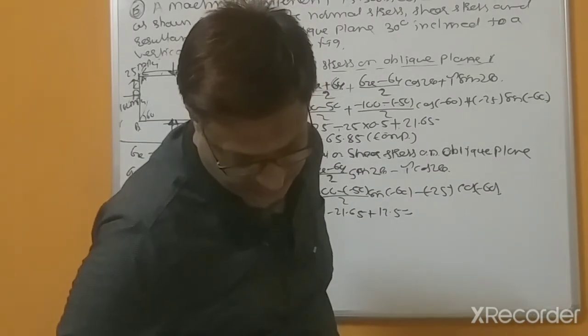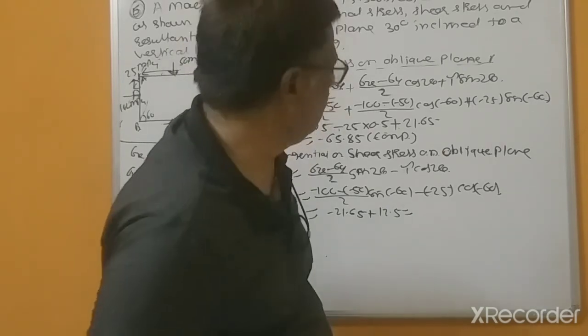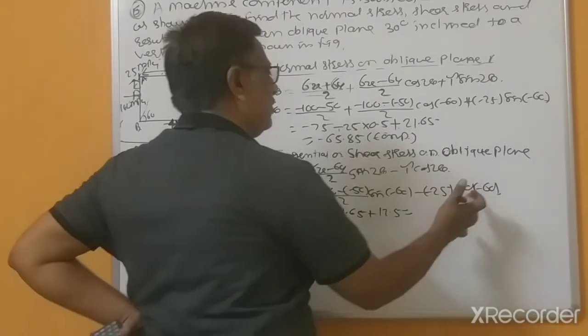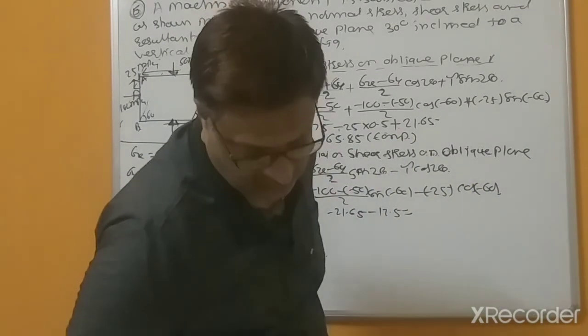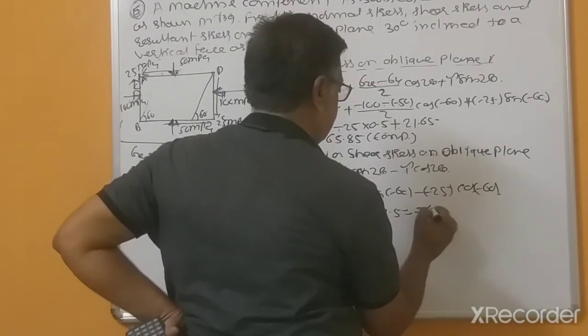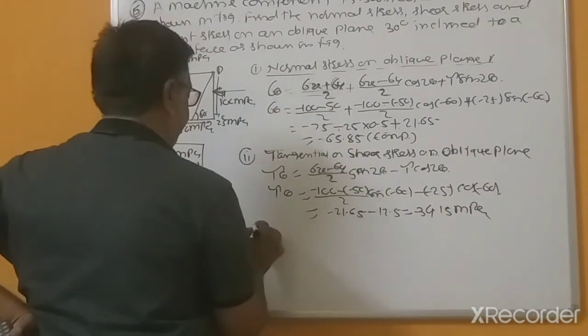Tau theta equal to, because this is minus, so that's why 34.15 megapascals.